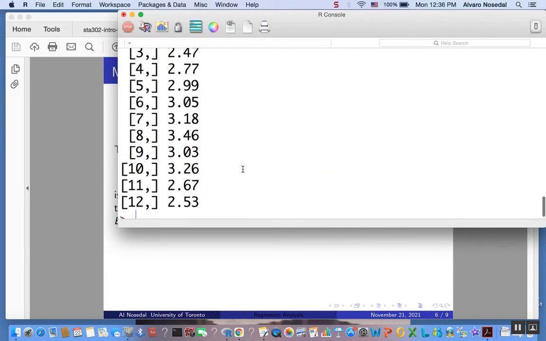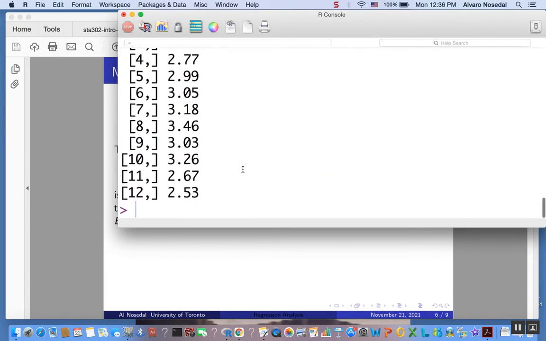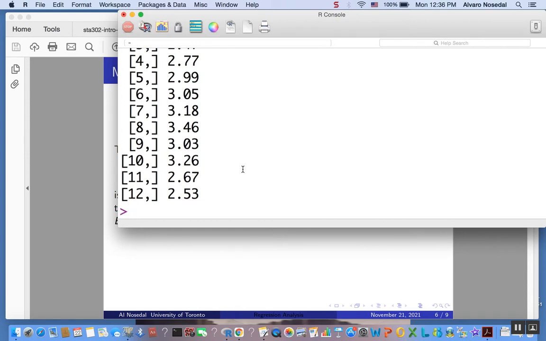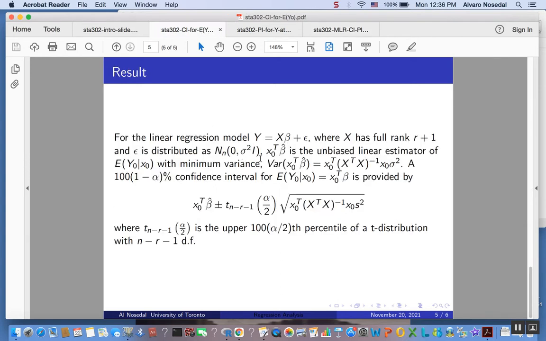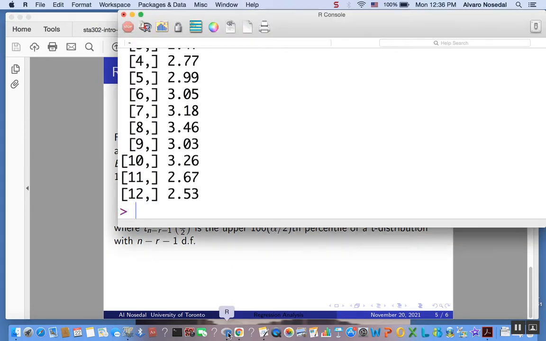So yeah, looks nice. Okay. Next, we need beta hat, right? That is going to help us find our point estimate for that confidence interval.